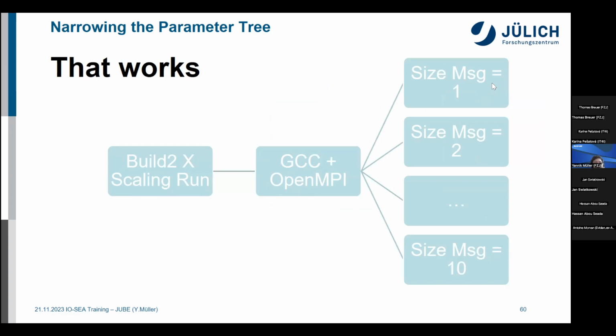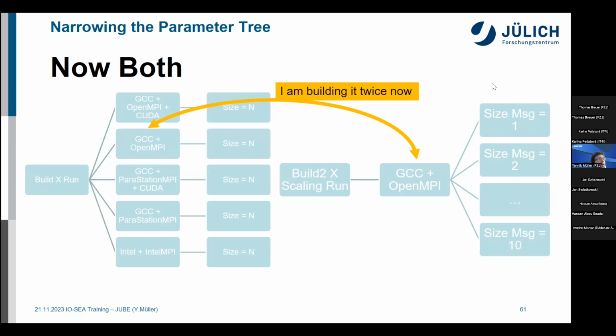So now I have 10 runs on what is for now my default stack. If I run both steps now, imagine the step where I test for crashing and the step where I do the scaling, then I have two basically independent trees, because one is based on the first build parameter set and the second one is based on the second build parameter set.